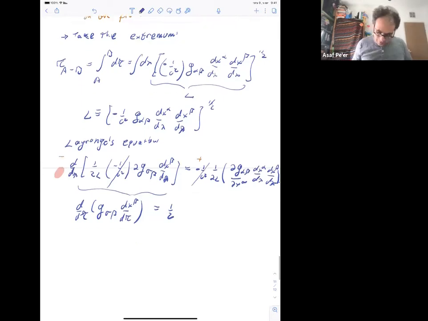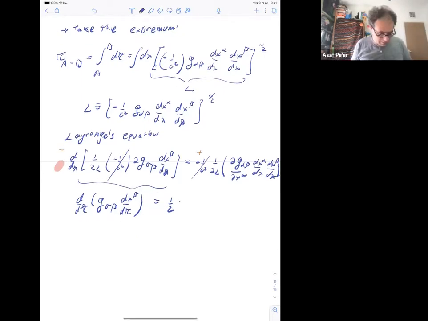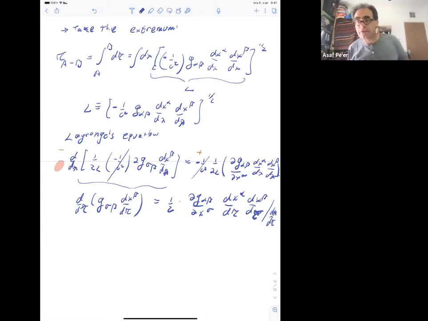So I can simply use that here to get dg alpha beta over dx sigma, dx alpha over d tau, and then dx beta over d tau. I get that by multiplying again by d lambda over d tau, as I did previously on the left-hand side. So that's okay.